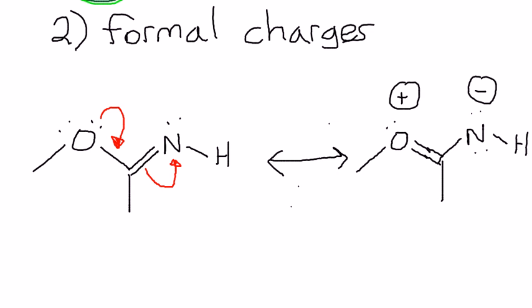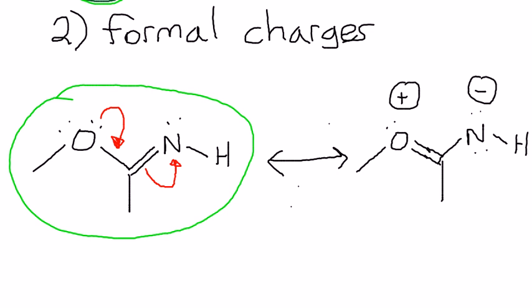So this one on the right is not as stable as the one on the left, and therefore the one on the left is a more significant resonance form. It embodies the molecule as a whole more completely than the one on the right, because it has a fewer number of formal charges.